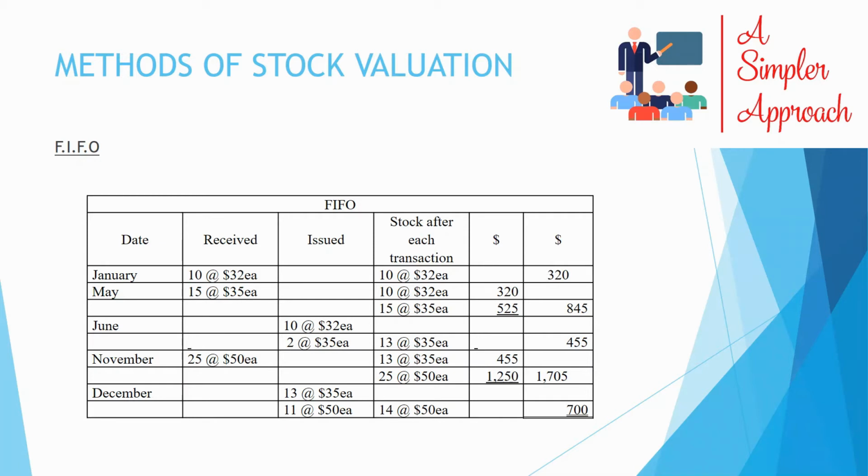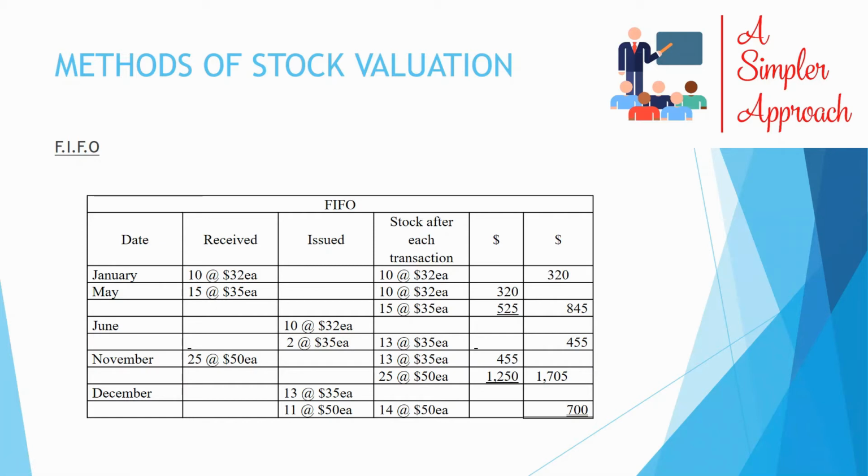The person in June needs 12 units of stock. I am going to sell the 10 at 32 that I bought in January. Sell out all that gone. See there, 10 at 32 each. Cool. That leaves 2 because the person needs 12, but this is 10. So the person needs to get 2.